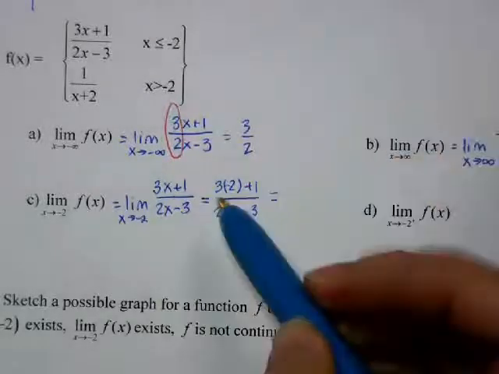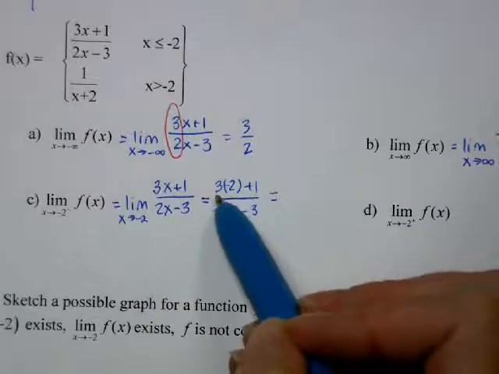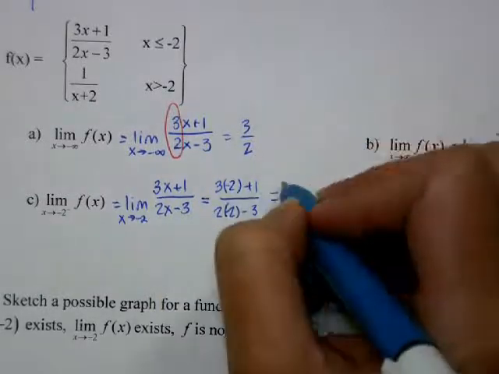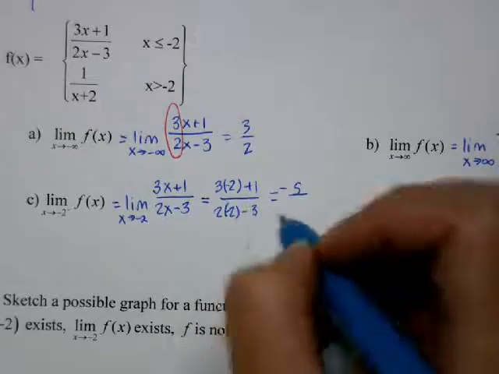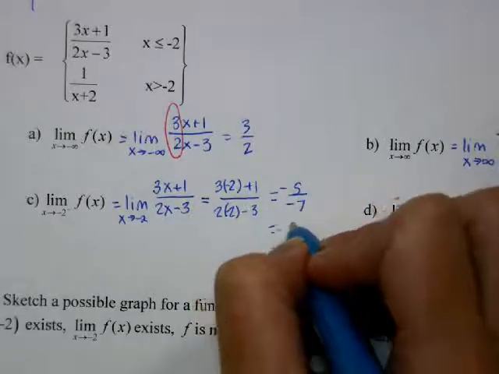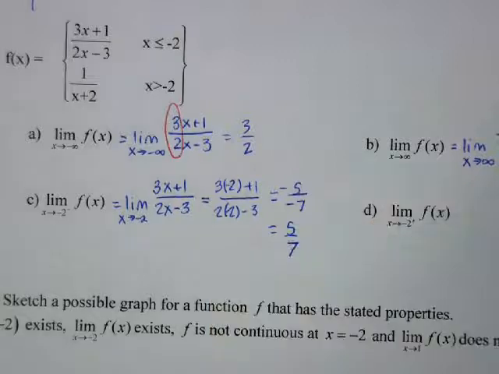So we've got -6 plus 1 is -5. -4 minus 3 is -7. So this is 5/7.